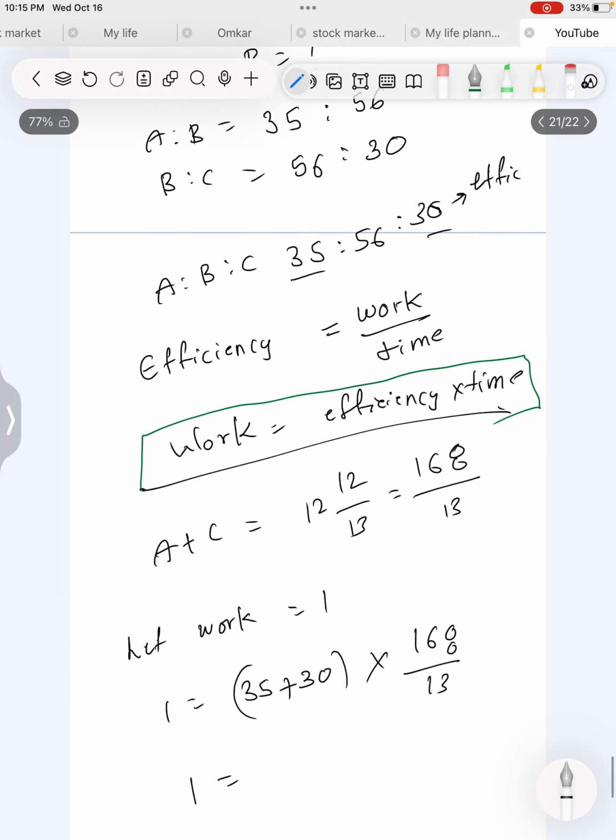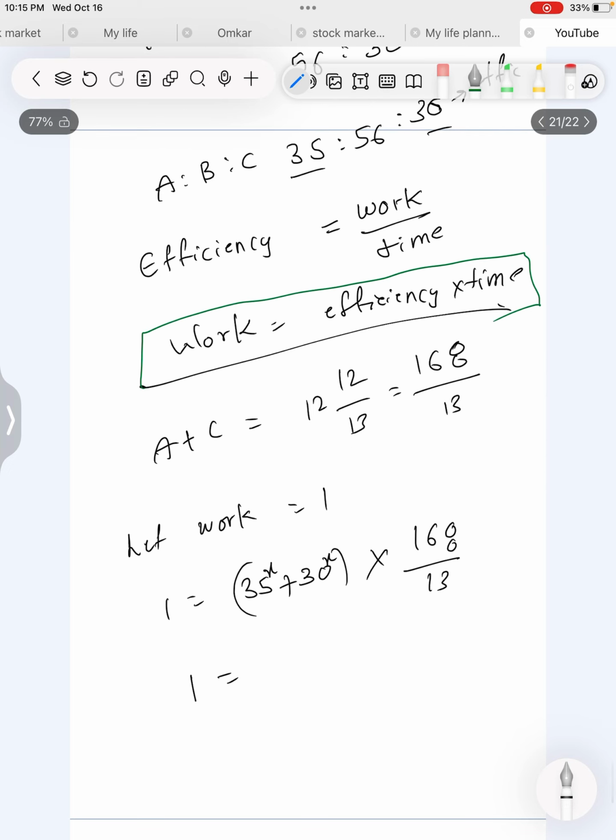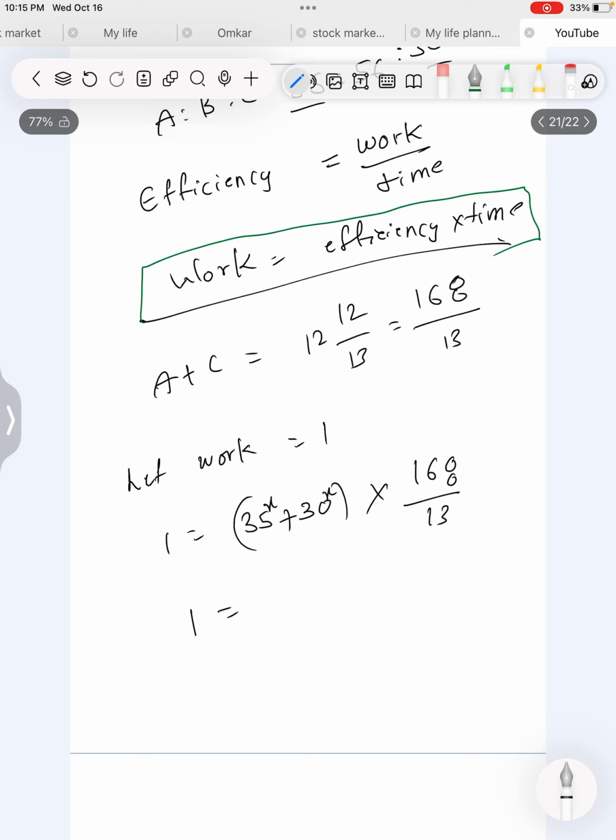It is in the ratio, so you can take x here so that we can consider it as a value. You can just add it, so we will get 65x equal to 168 by 13. You can just do the division, 13 5s.